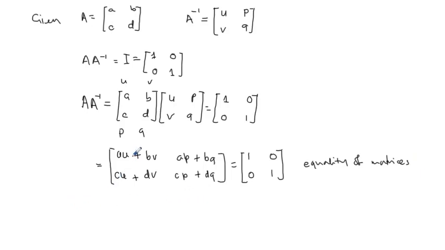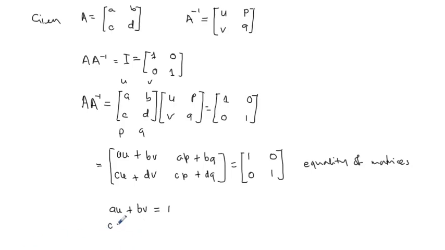Then we have CU plus DV equals 0. That's one system: equation 1, equation 2.